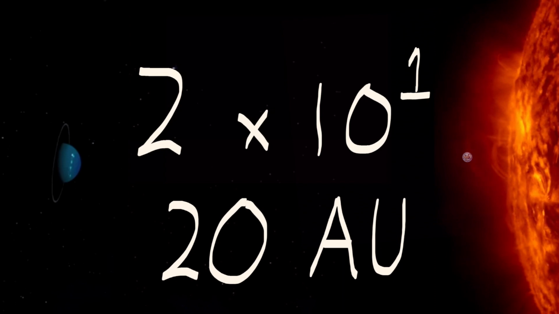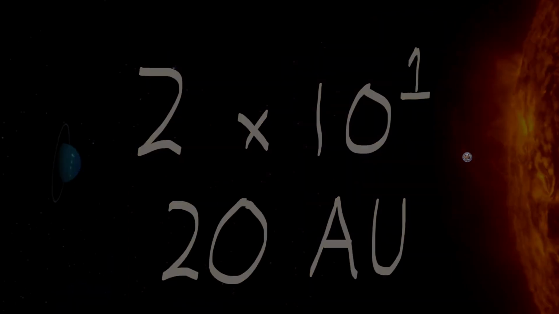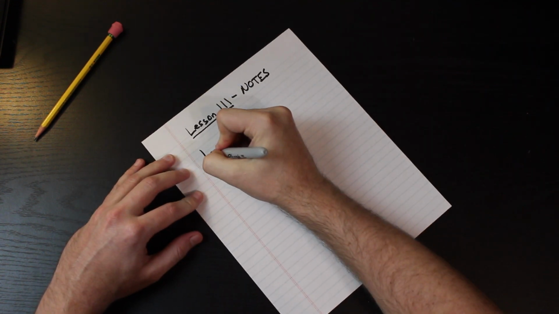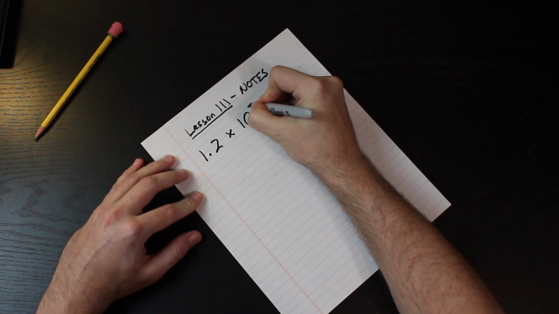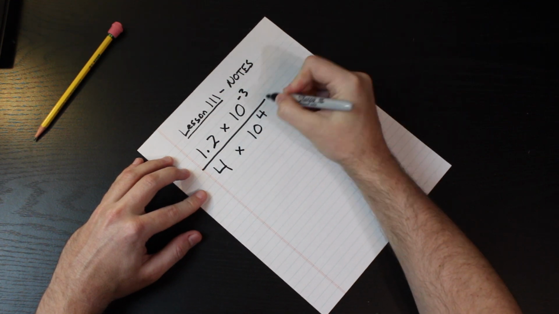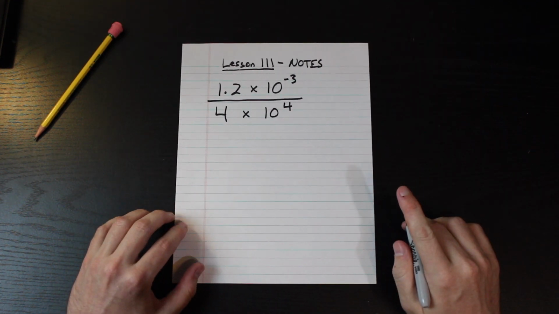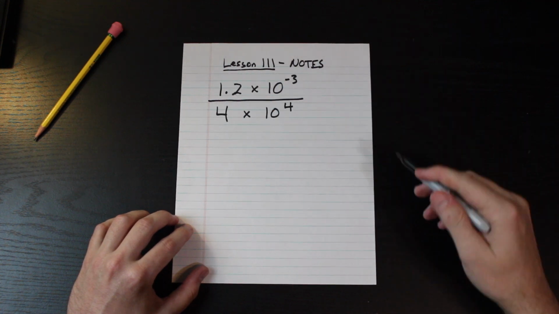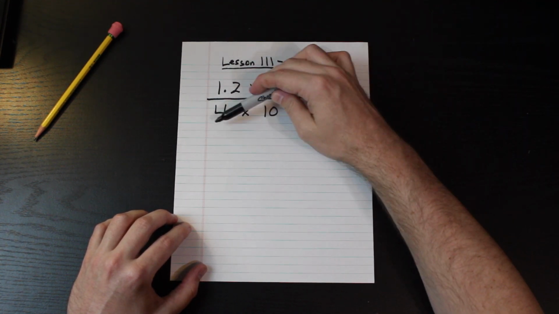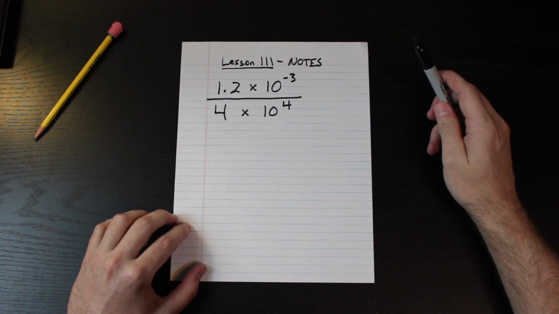Let's do another example of division in scientific notation in our notes. Divide 1.2 times 10 to the negative 3rd by 4 times 10 to the 4th. To solve, divide what's on the left first. Take a quick second to see if you can do this division using some mental math.